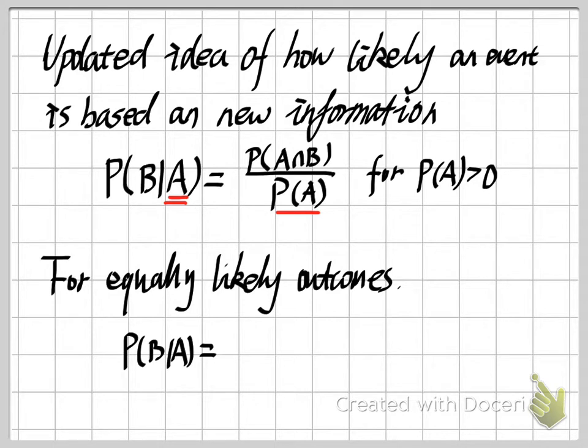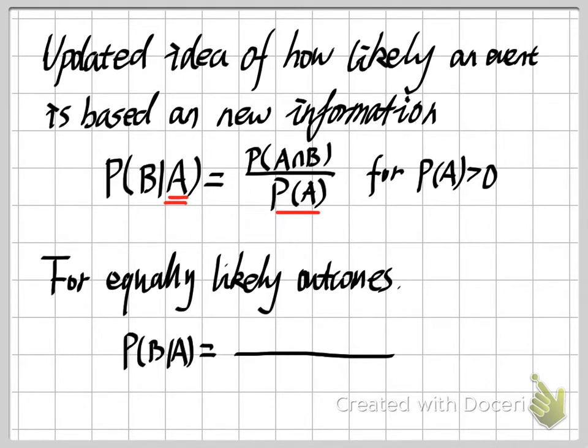Then A intersection B means the outcomes in both A and B. So the original formula, numerator and denominator as probabilities, changes to the number of outcomes in these two cases.